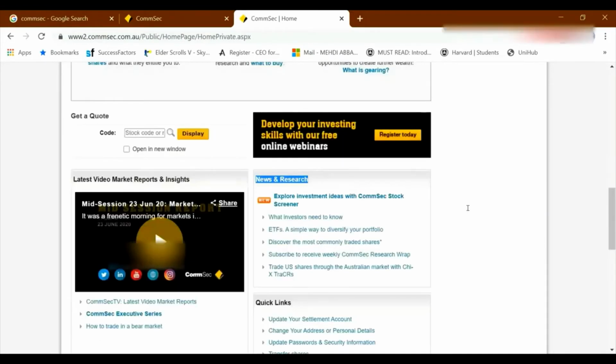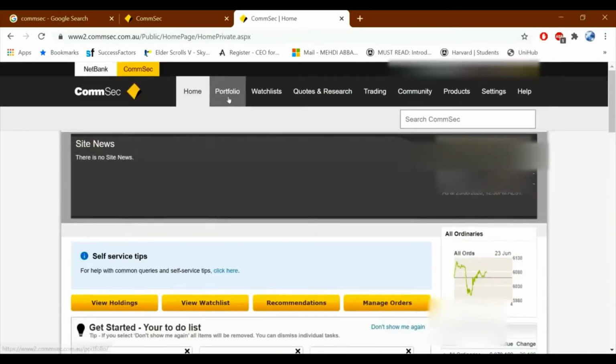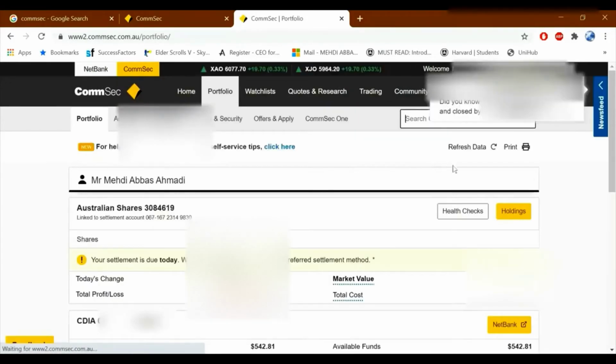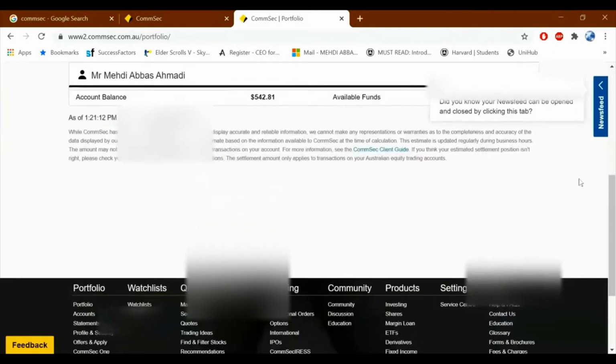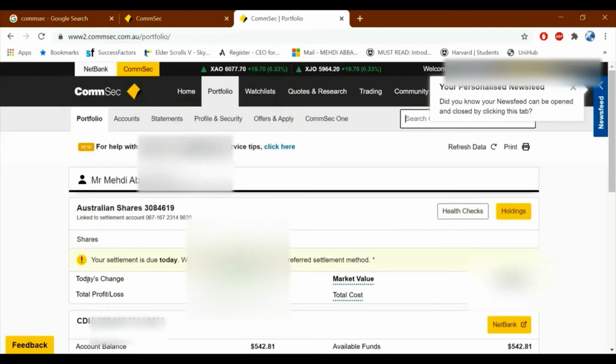available. So this is the portfolio. Your portfolio will look like this, and your total change, how much change happened on that day, total profit and loss, how much you're losing or gaining.